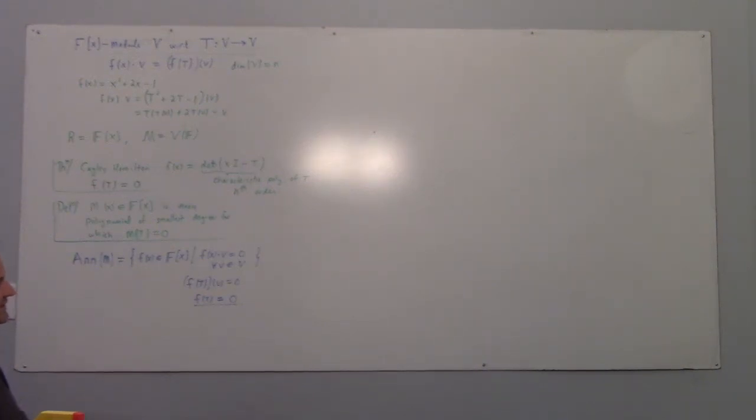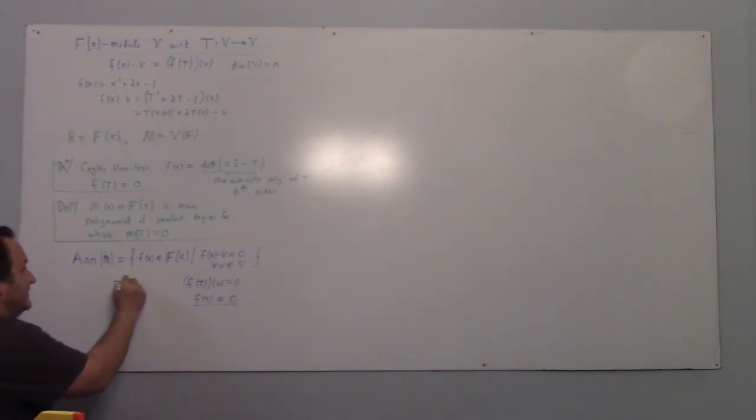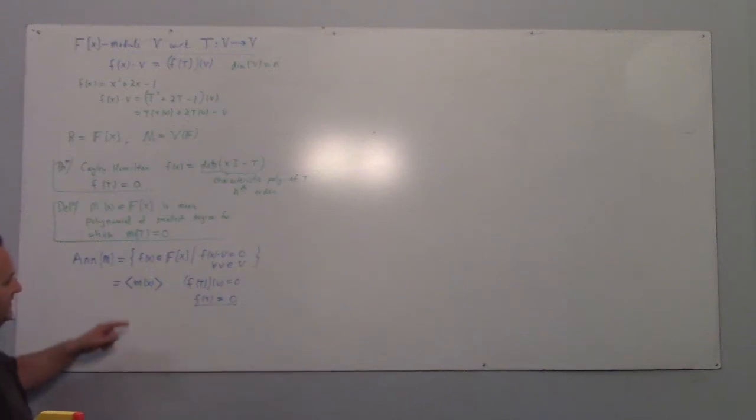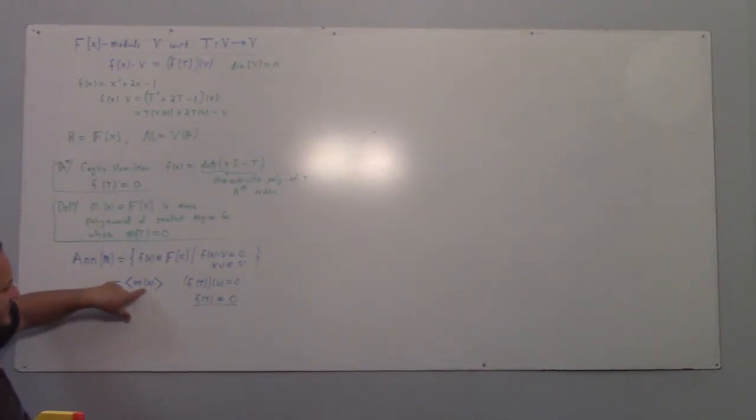I mean, this is literally generated by m(x), because any polynomial multiple of this will be in it.